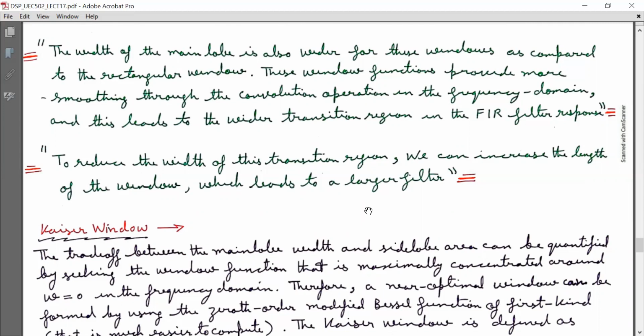But we have a solution for that. To reduce the width of this transition region, we can increase the length of the window, which leads to a larger filter. So we can reduce the width of the transition region, but at the expense that a larger filter will be there.